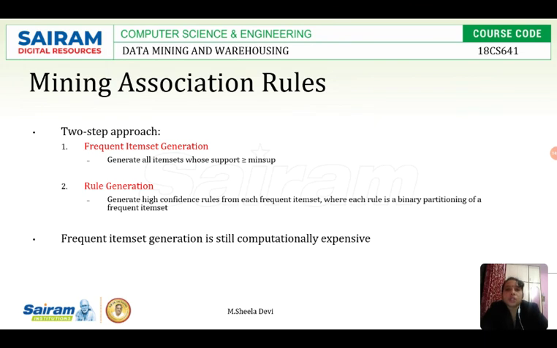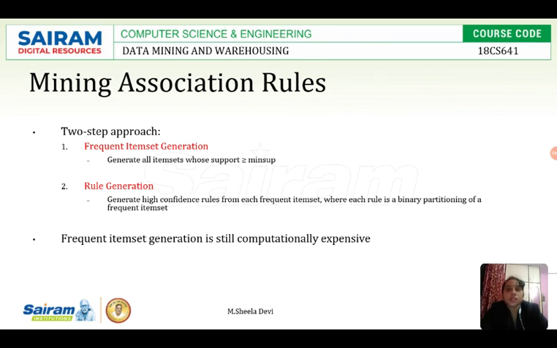Yes. So mining association rules: we have a two-step approach here. One is frequent item set generation. Generate all the item sets whose support is greater than the minimum support threshold value. That is the first step. The second step is rule generation: generate high confidence rules from each frequent item set, where each rule is a binary partitioning of the frequent item set.